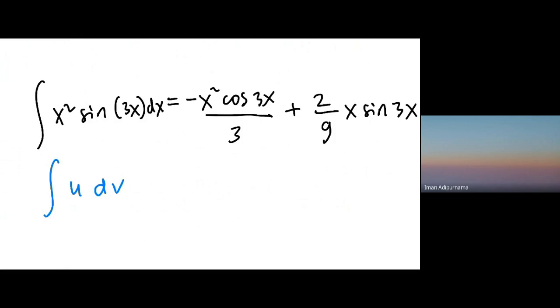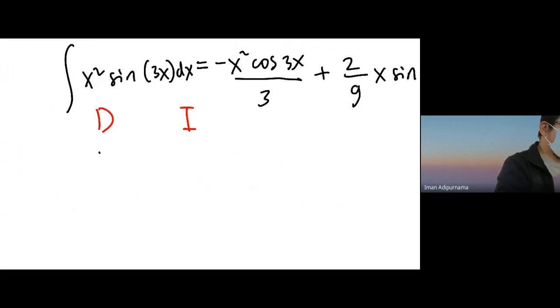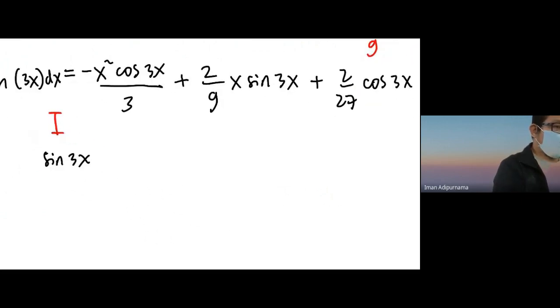So let's write down the terms, the one that you need to differentiate and the one that you need to integrate, which in our case here is x squared, and this will be sine 3x. And then let me write the original formula here.